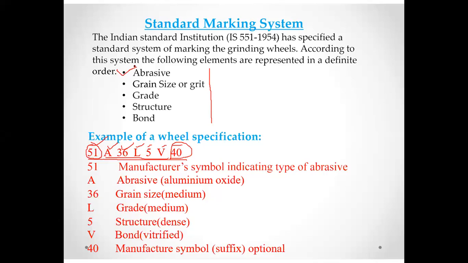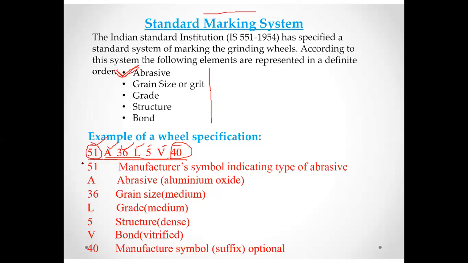In natural, we have seen sand and natural diamond. Similarly for artificial, silicon carbide, aluminum oxide, even artificial diamonds, we have seen in the last class. Which abrasive material is that particular grinding wheel made of? That has to be represented in this marking scheme. When you are buying a grinding wheel, you are supposed to know which kind of abrasive particles are in that grinding wheel. So that's the first thing.